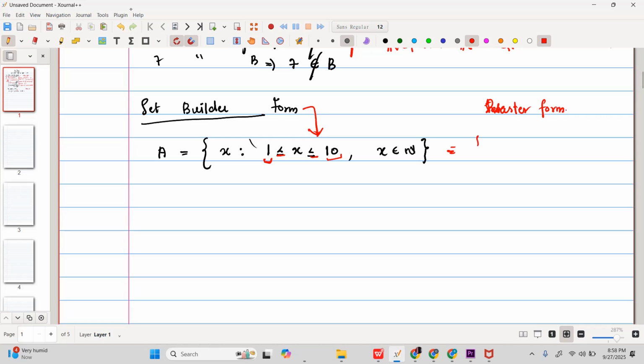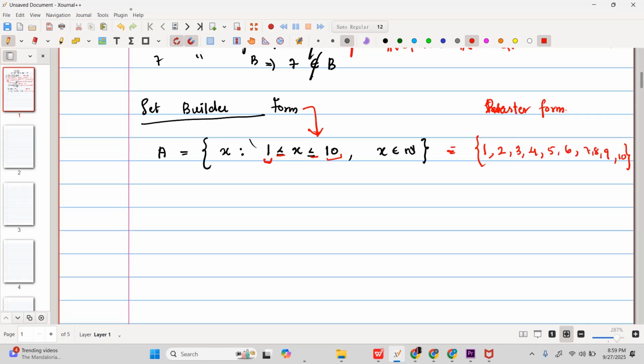And what about the roster form? Again, it is in the curly brackets. We have to start with 1 and go up to 10, with all the elements expressed inside the brackets. From 1 to 10, the counting numbers are, after 1 we have 2, then 3, then 4, 5, 6, 7, 8, 9, up to 10.